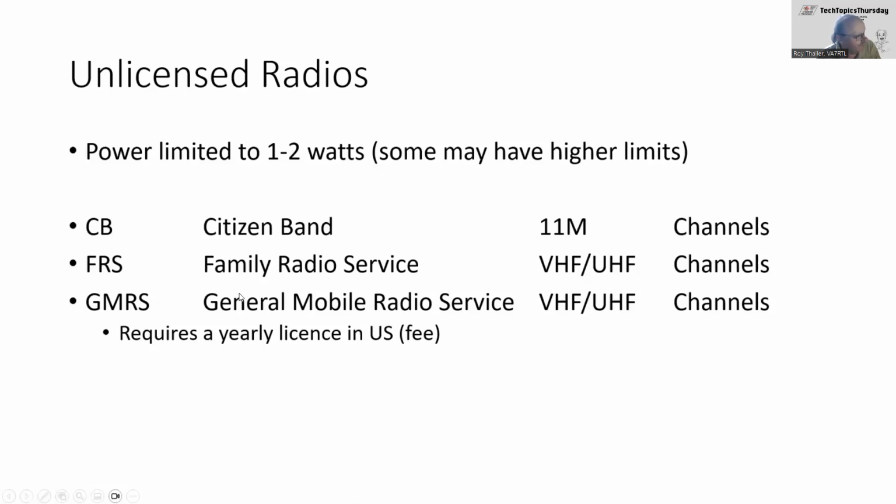In Canada, it's free. You're limited to approximately 5 watts. In the States, you require a yearly license, and there's a fee for it, but you're allowed, I think, to go up to 50 or 100 watts, and you're also allowed to have repeaters on GMRS.